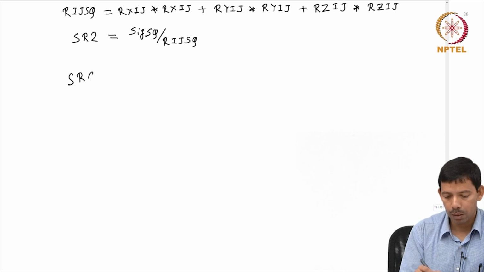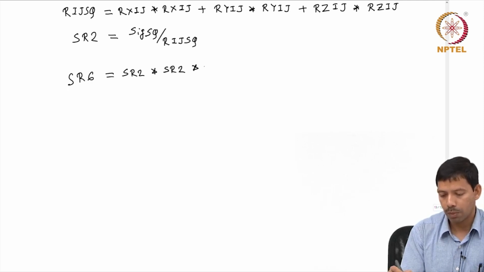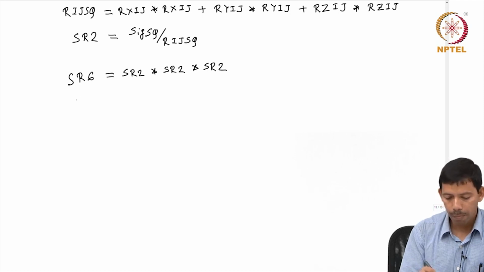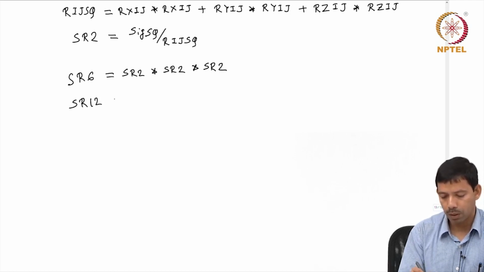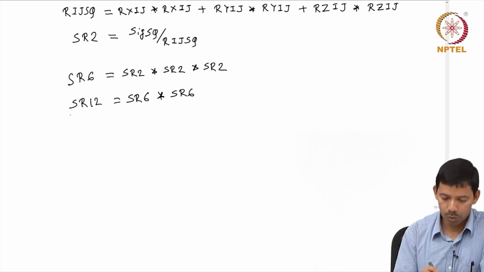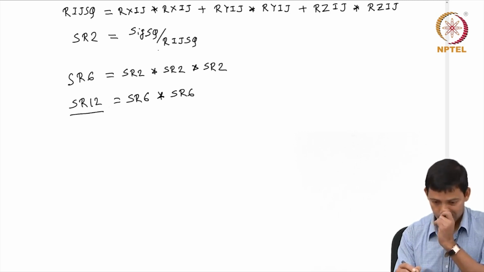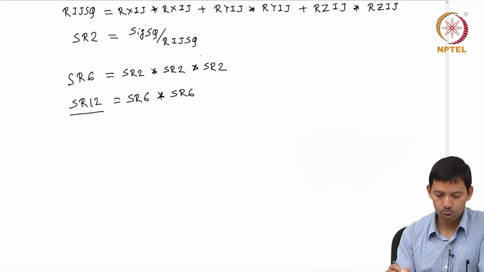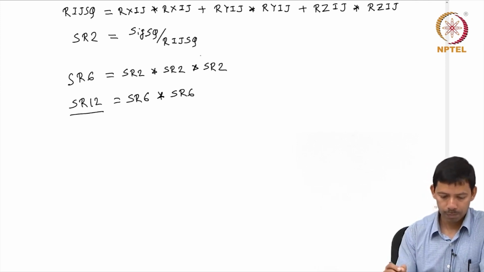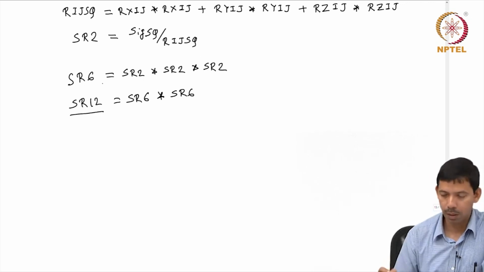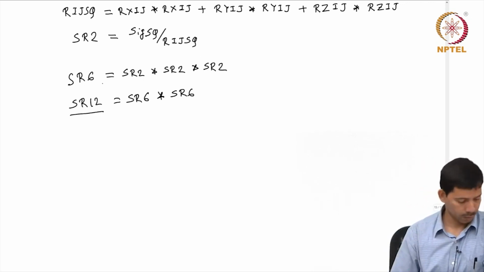Likewise, I can define SR6, which is SR2 multiplied by SR2 multiplied by SR2, and SR12 is nothing but SR6 multiplied by SR6. So my SR12 is nothing but sigma divided by R to the power 12, and SR6 is sigma by R to the power 6.